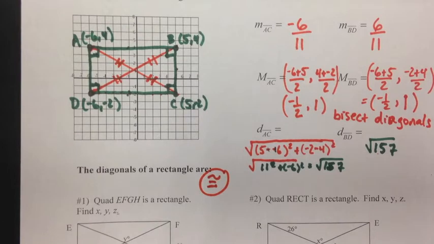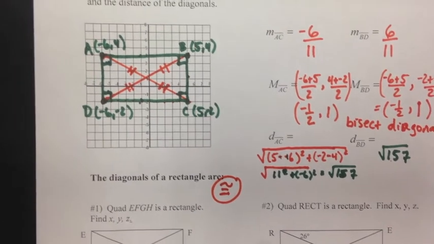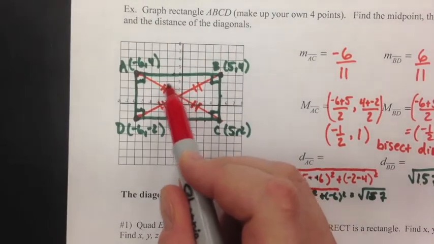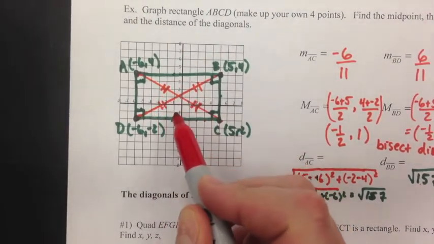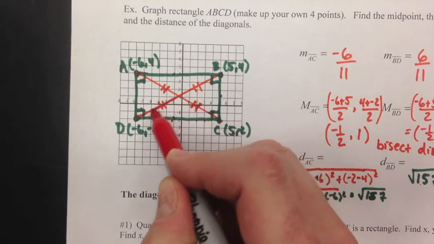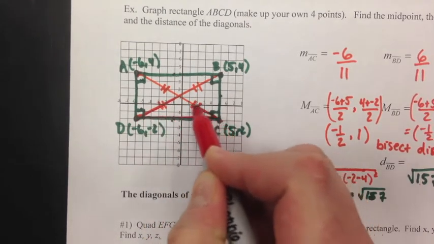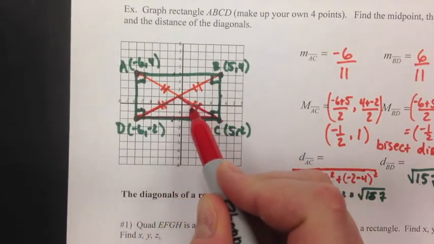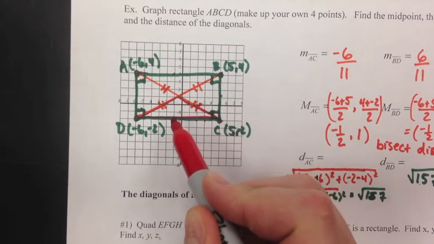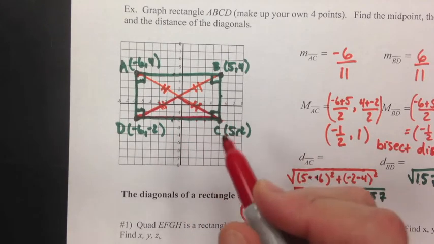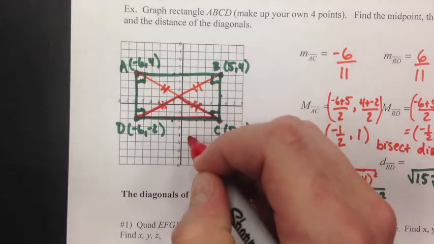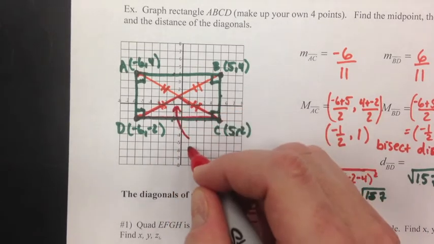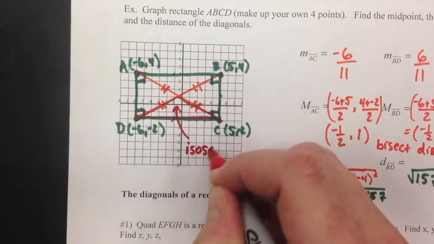Now the other thing that I need to point out, and this is really important here, if we look at the triangles, you have 4 triangles that get created by the diagonals. Notice, I'll take the bottom one here. Notice that 2 of the sides are congruent. Now the third side is different, so it's not equilateral, but that triangle is an isosceles triangle.